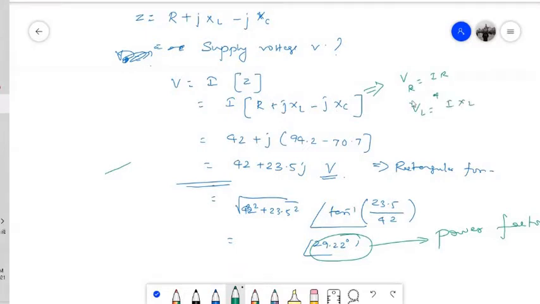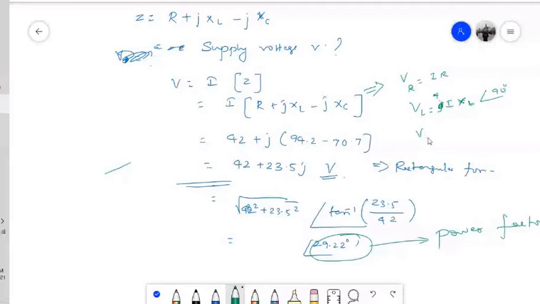But if you want to take the phase also into consideration, it is j I into XL, such that the modulus of this will be I into XL, but the phase of this will be tan inverse IXL divided by 0. So that will be how much? 90 degree. If you want to write it in the magnitude phase form or the polar form, this is how you need to write it.